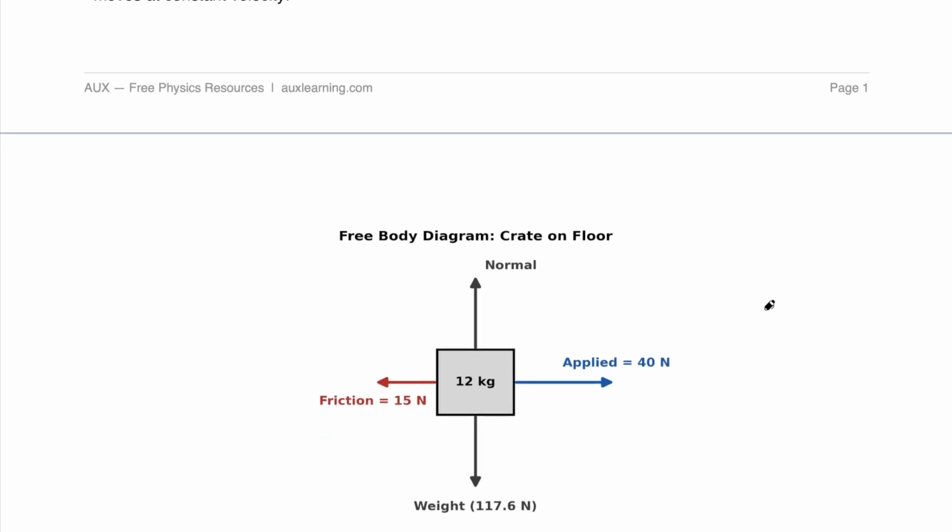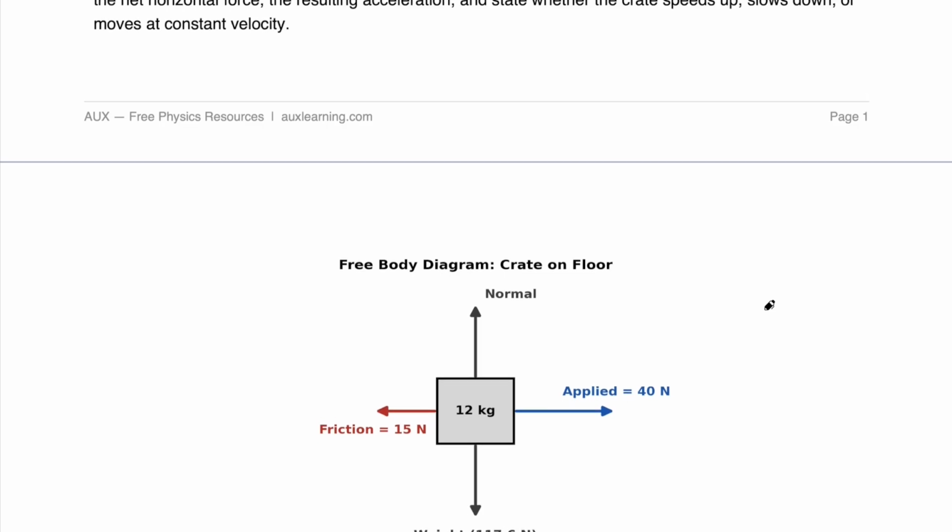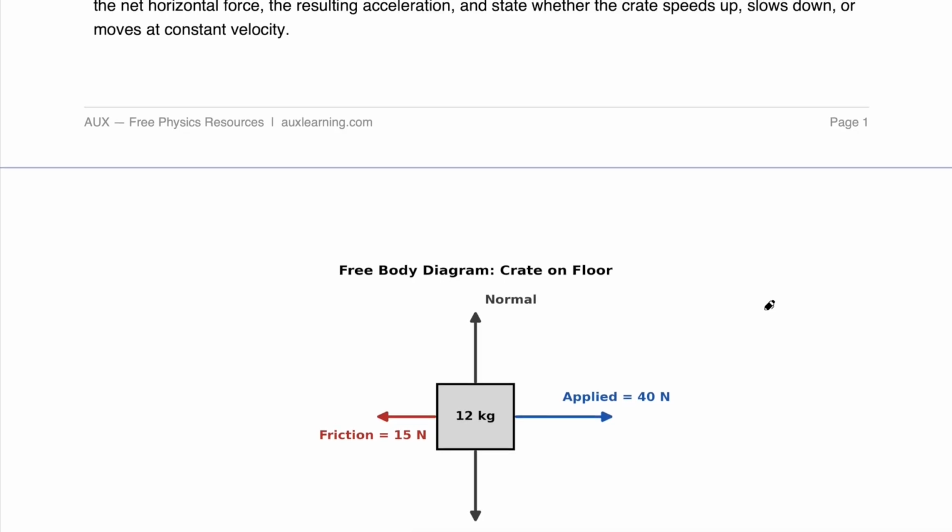Now let's try a free body diagram. The free body diagram below shows the forces acting on a 12 kg crate being pushed across the floor. Find the net horizontal force, the resulting acceleration, and state whether the crate speeds up, slows down, or moves at constant velocity.